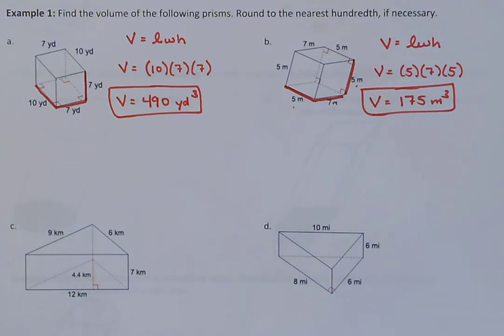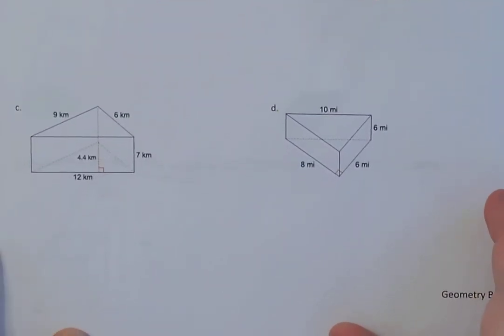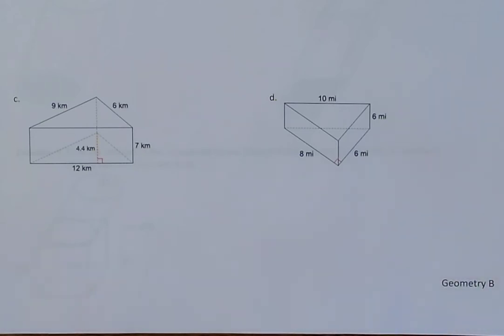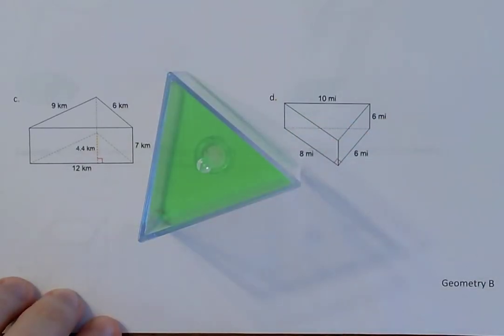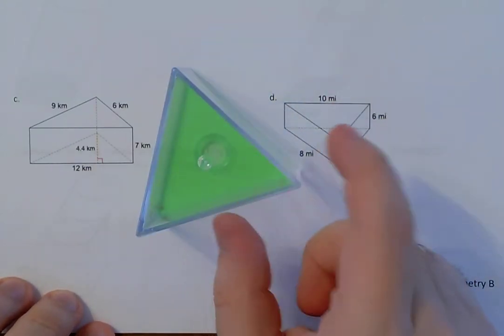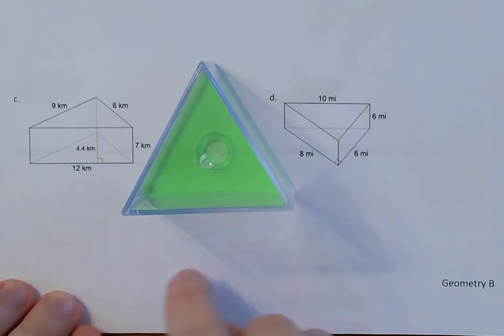All right, now for parts C and D, as you can tell, we do not have a rectangular prism, yet we have a triangular prism. So our goal for this is to find the volume of the triangular prisms. Now, for a triangular prism, unlike just doing length times width times height, we have to find the area of the base, which the triangle is the base.